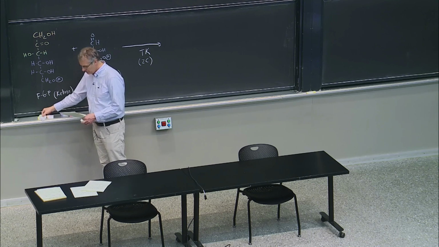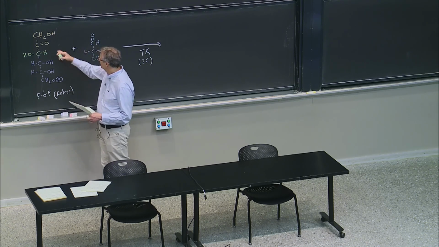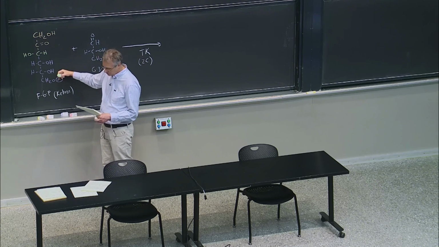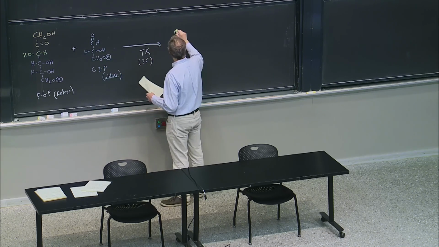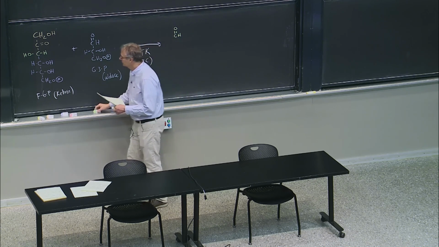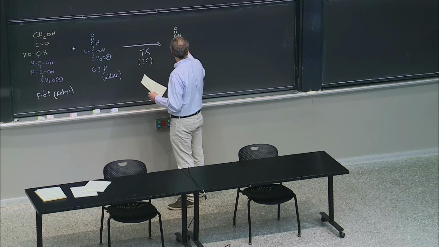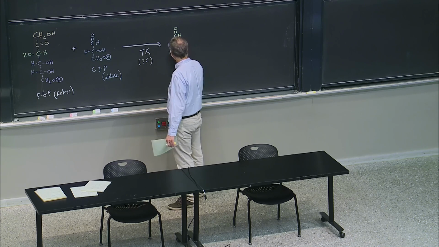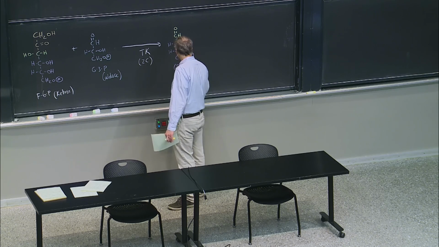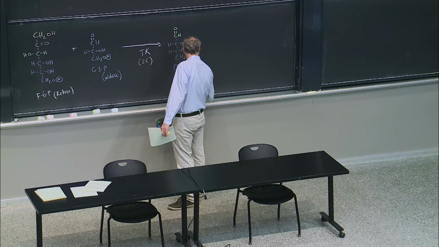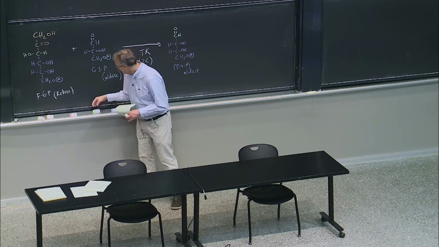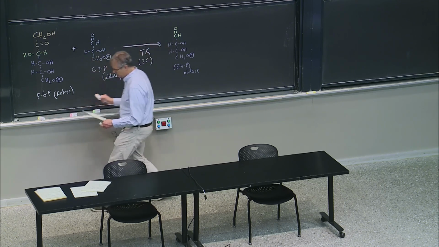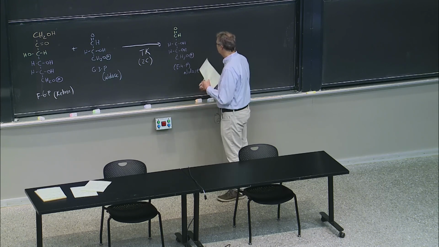So if we do that, what we end up with is, if we take 2 carbons from here, we end up with a shorter aldose. And we end up with a longer ketose.